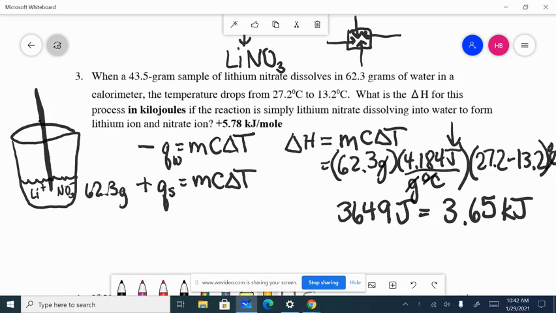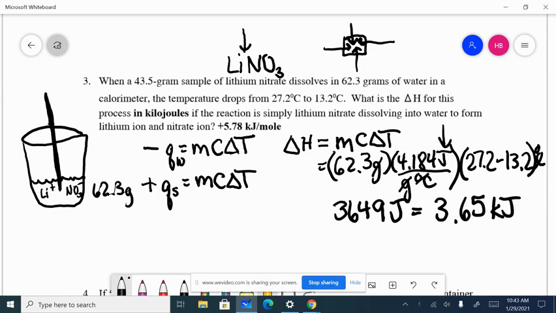So we have 3.65 kilojoules per 43.5 grams of lithium nitrate. That's actually the correct way to describe this answer.